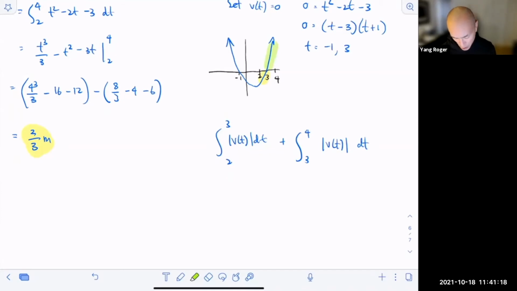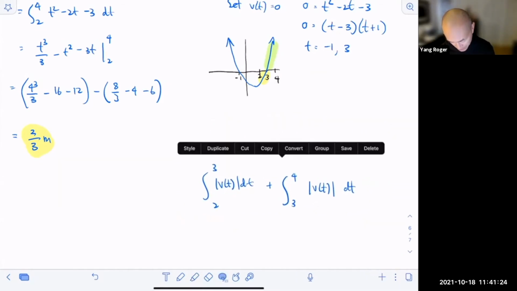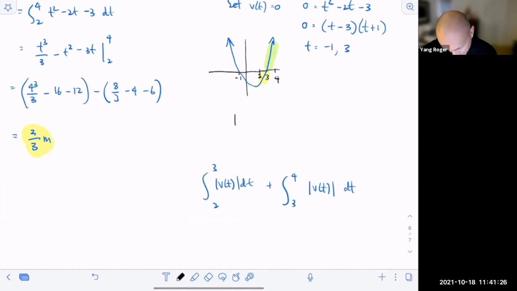So if I were to write my absolute value function, it looks like this. The absolute value of v of t is going to be negative (t squared minus 2t minus 3) if t is between, in our case, we only care about it being between 2 and 3.